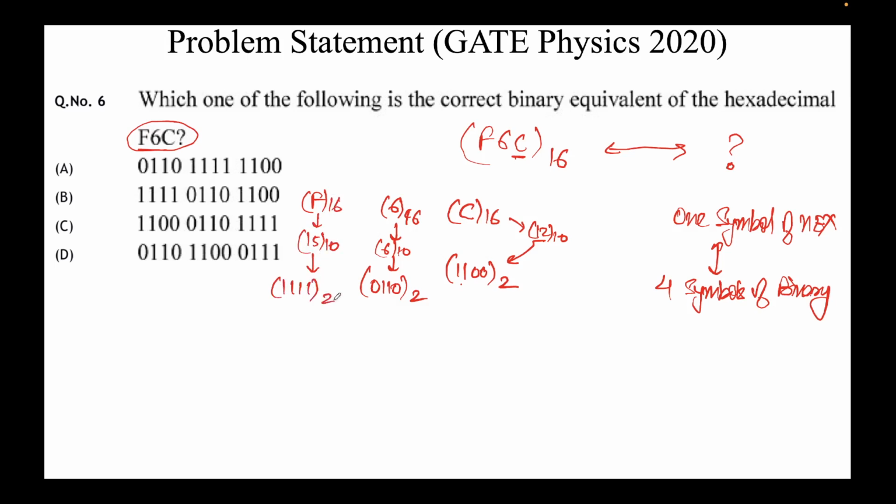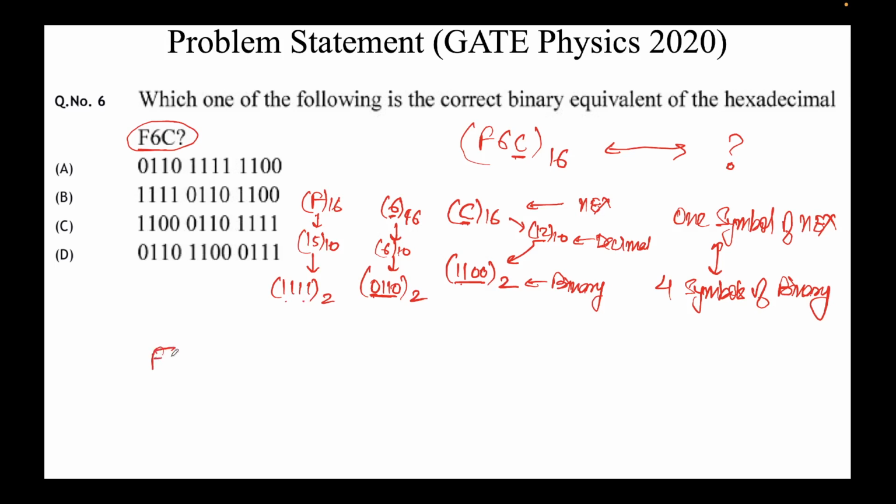The top row that you see is hex, the middle row is decimal, and the bottom row is binary. C is one symbol, and we have created 4 symbols for binary: 1100. Similarly, the symbol 6 in hexadecimal is written as not 110 but 0110. Note there is a 0 added because we have to have 4 symbols. F in hexadecimal has been converted to 1111 in binary.